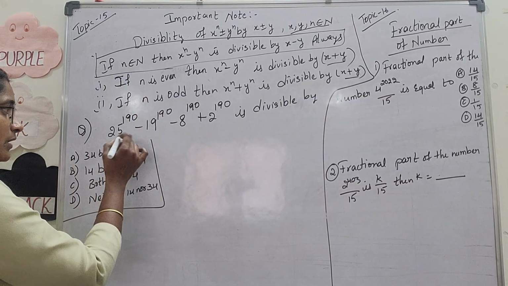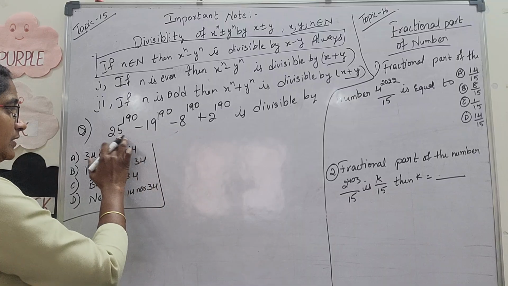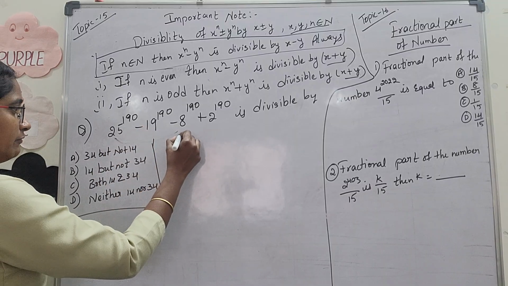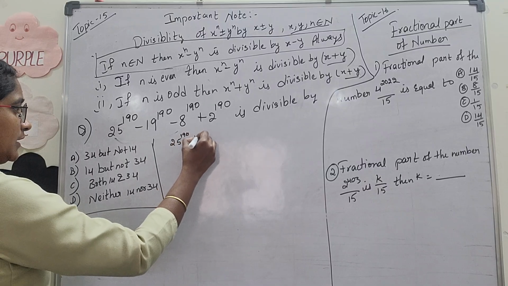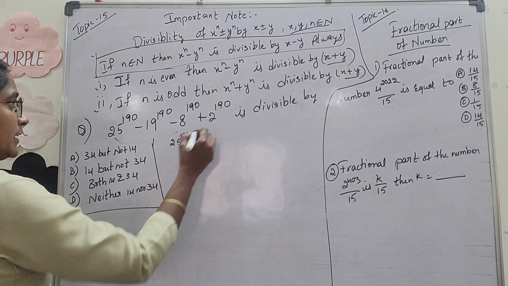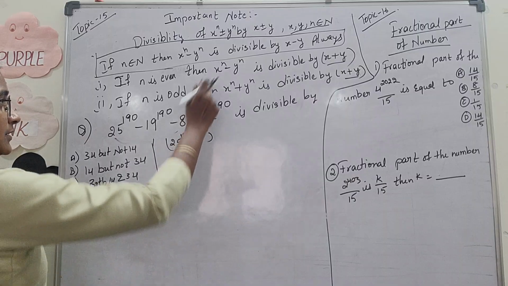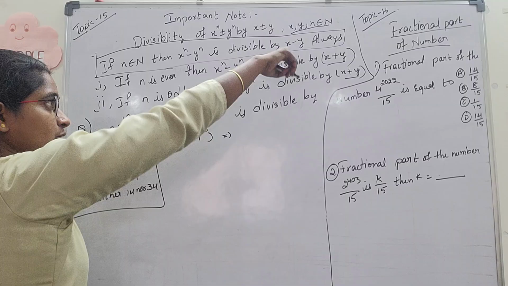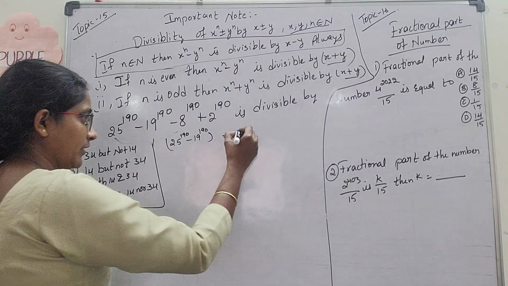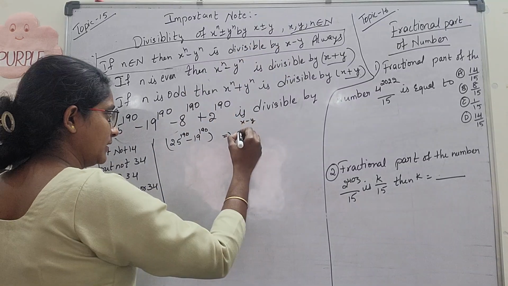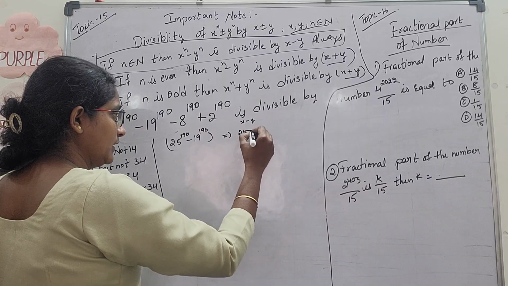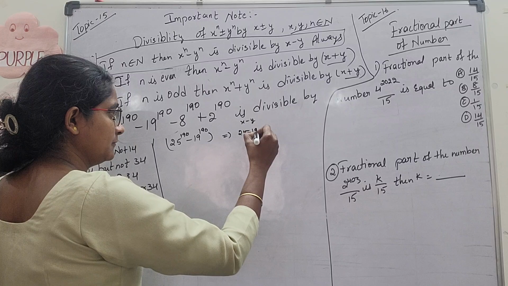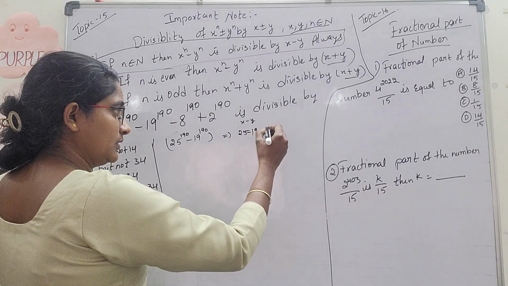So we'll take ones first of all, we'll take these both. 25 power 190 minus 19 power 190. This is always divisible by x minus y, so I can write 25 minus 19, which is 6.